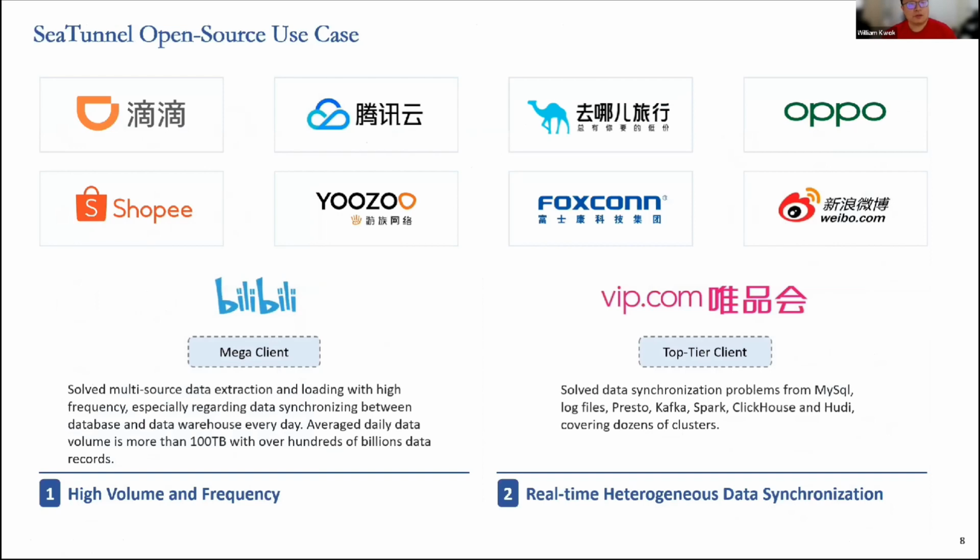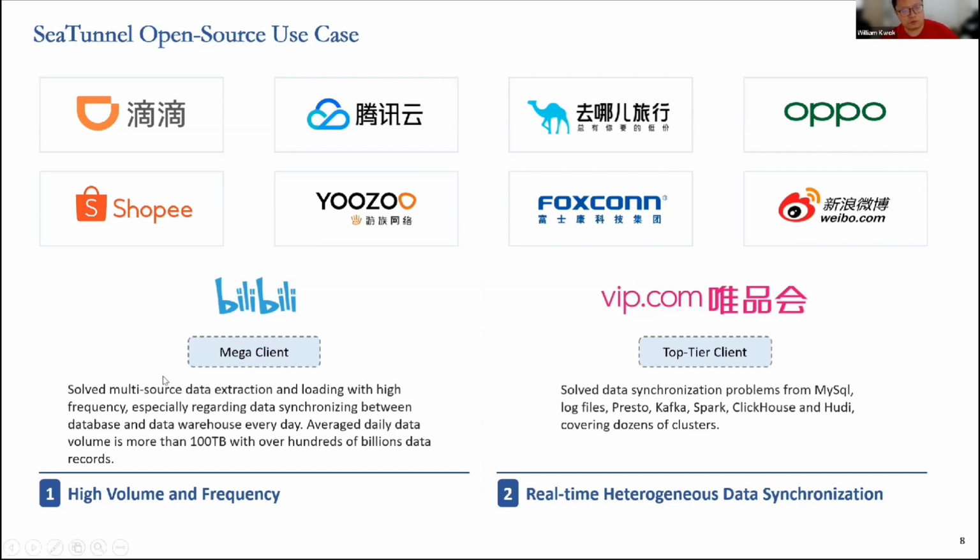Now SeaTunnel has more than 50 connectors to support synchronization from different databases. And SeaTunnel has many use cases. I think there are two main user scenarios. One is high volume and high frequency for your big data platform.